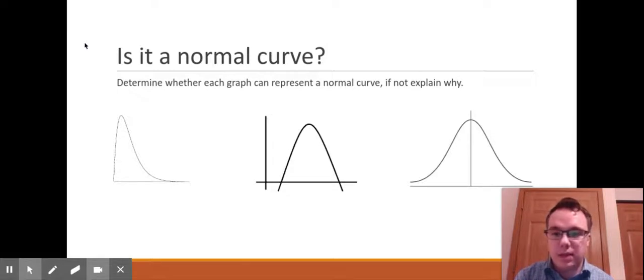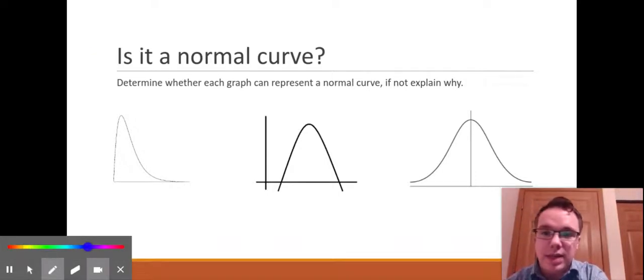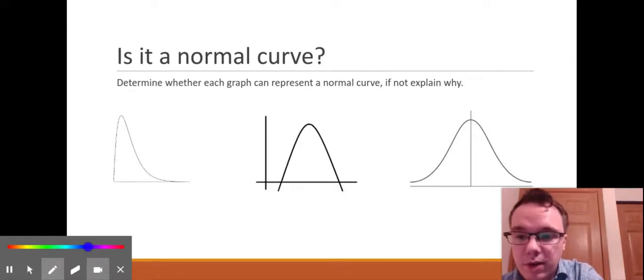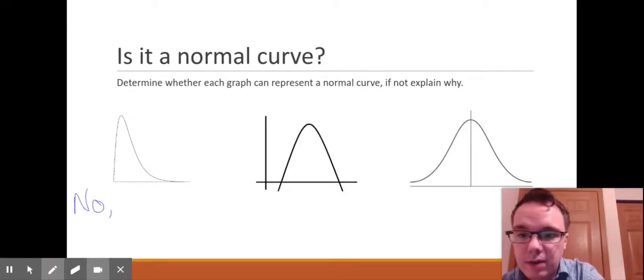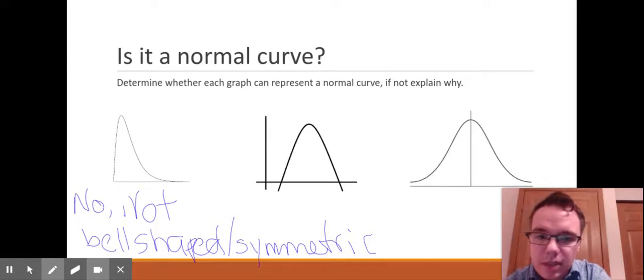So if we look at our first example here, it is not bell-shaped. It has a high peak, but it's not bell-shaped and it's not symmetric. So we're going to say that no, this is not normal, because it's not bell-shaped or symmetric.